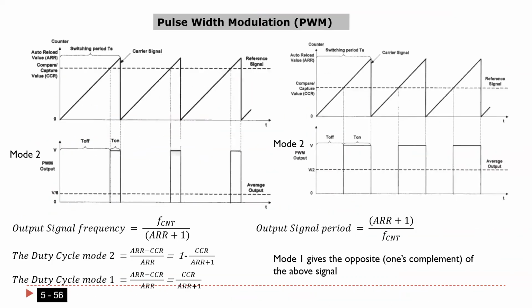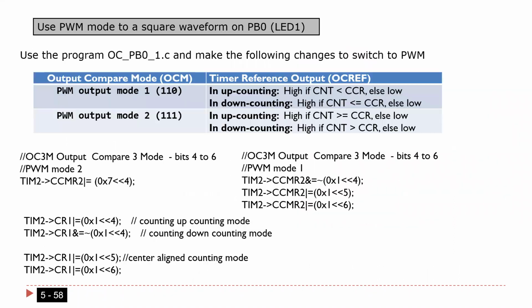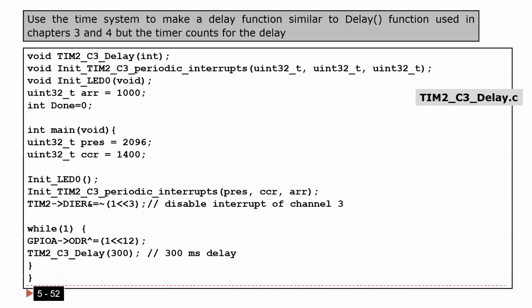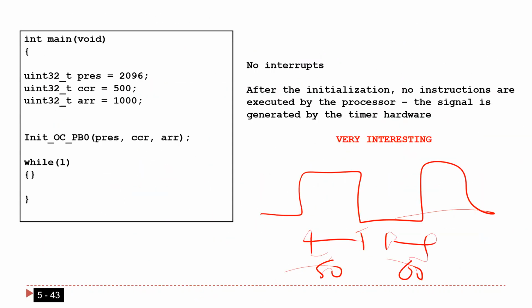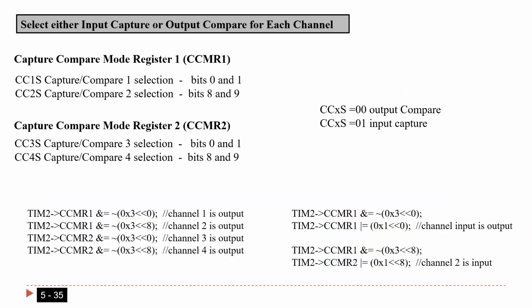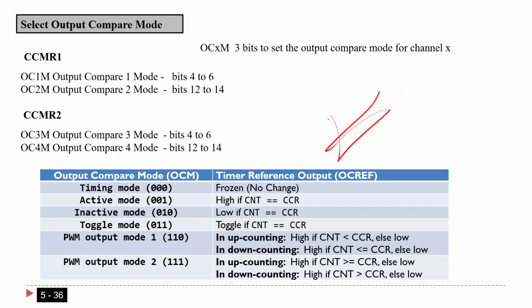The next thing I want to teach here, guys, is called pulse width modulation. If you remember, if I go back here, one of the modes of output compare was pulse width modulation. Let me go back to show what I mean exactly. When you use output compare, you can use any one of these modes.